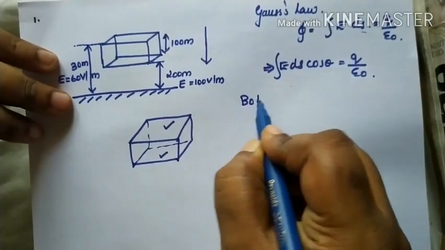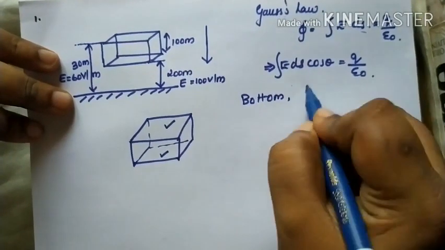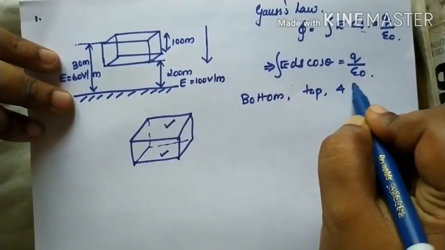So there is the bottom, the top surface, and 4 vertical sides.